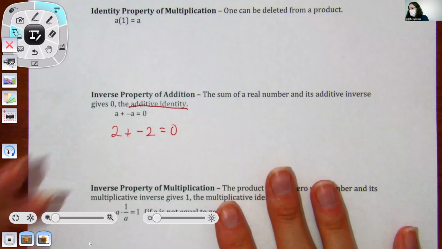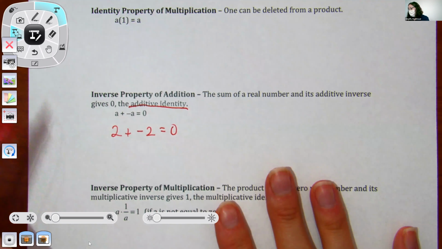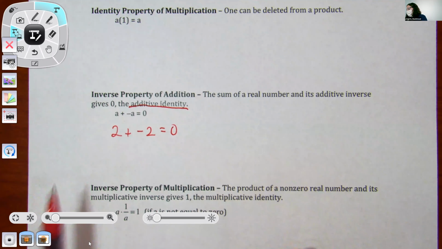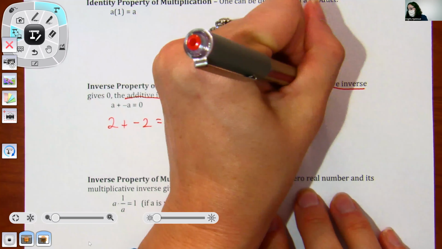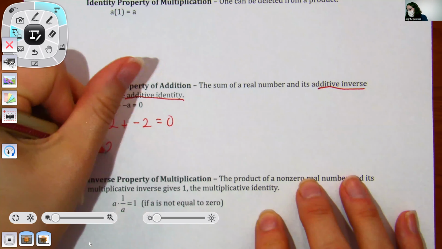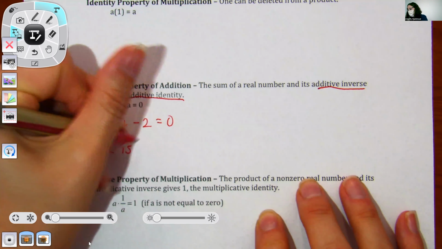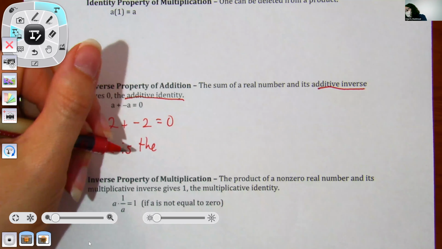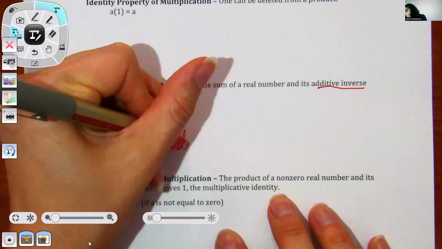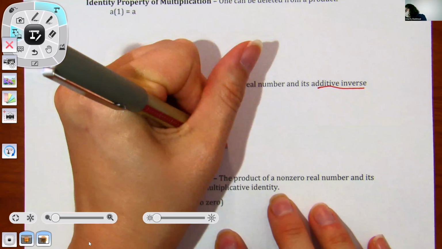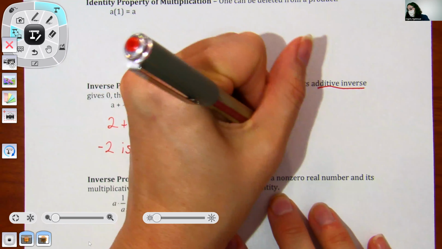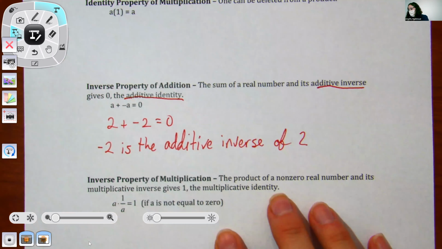I'm sorry, I think I said that wrong. Negative 2 is the additive inverse of positive 2, and you could say vice versa.